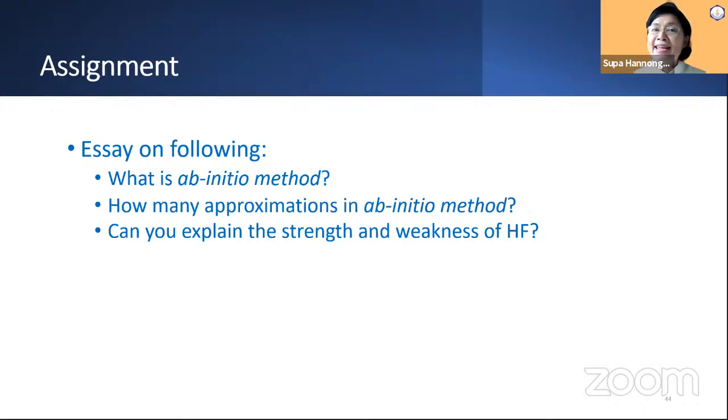This is the way that you can understand the method, and you can select the method for your system. You know about the strength, the weakness, okay? You know about the limitation. This is the way of computational chemistry practice. All computational chemists have to know about their method. And if so, you can calculate, you can predict, you can model everything with appropriate results.